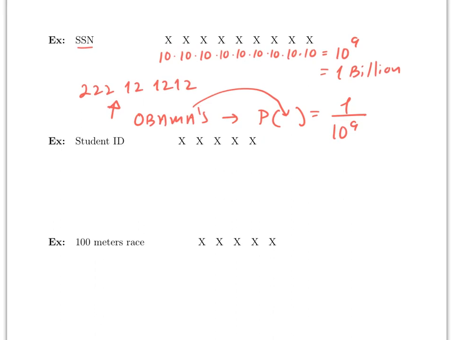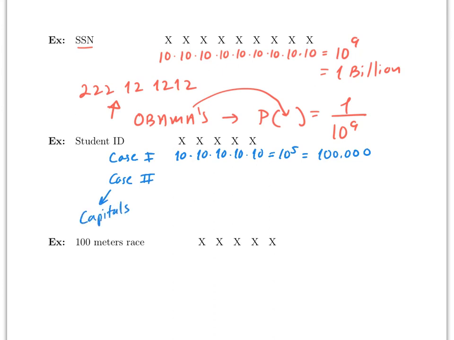You can do the same thing for IDs. Let's say that for IDs, case 1, you can only use numbers. So then it will be 10 to the 5th power, which is around 100,000. That's it. Case 2 is you can use capital letters and digits. Then I have 36 choices. Why 36?